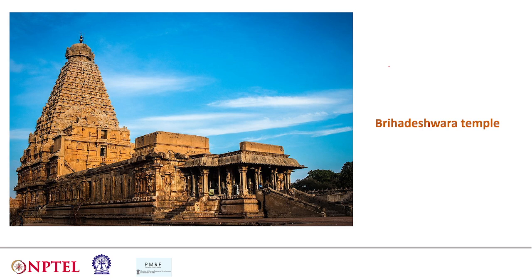The reason is, while I was discussing the Kutina style of temple architecture, I did mention something about enclosure. Enclosure is not something which you really find in the Latina style. Latina style temples do not have these so-called enclosures. They are built on platforms.